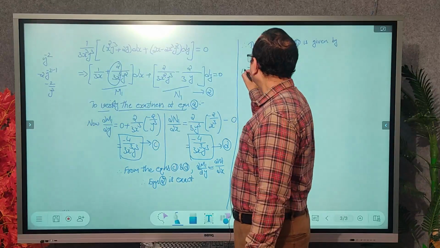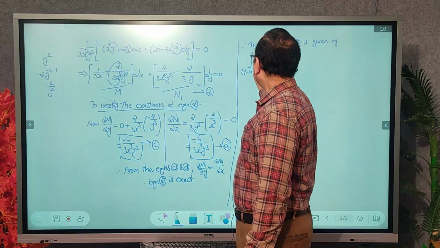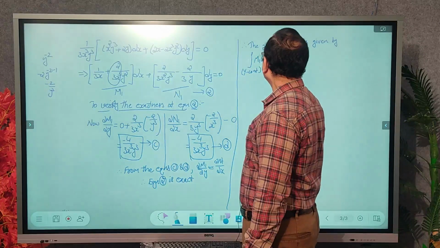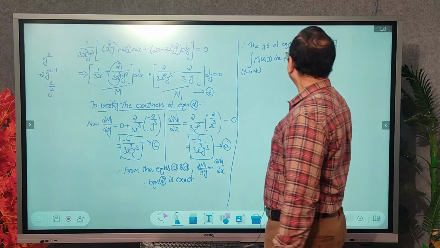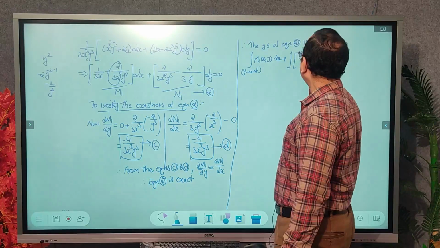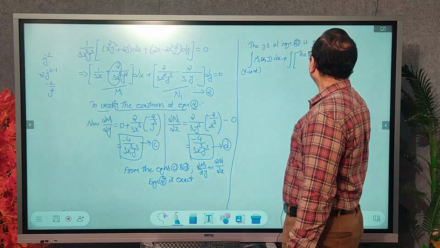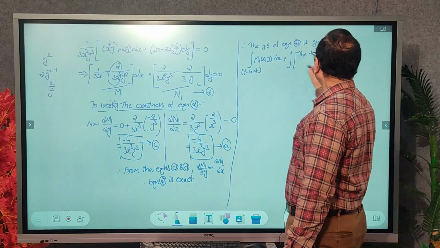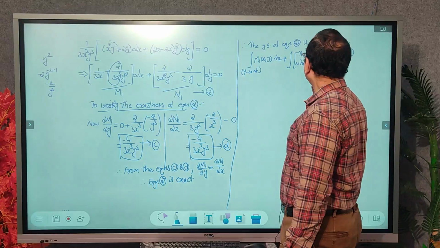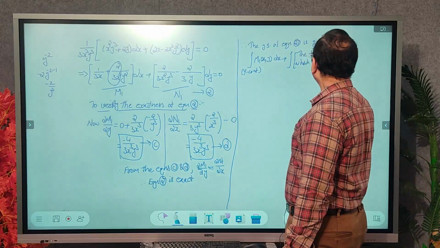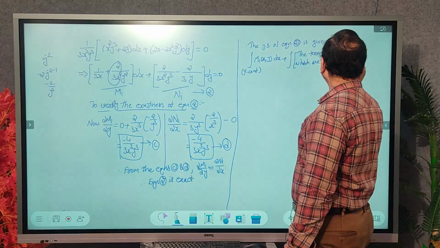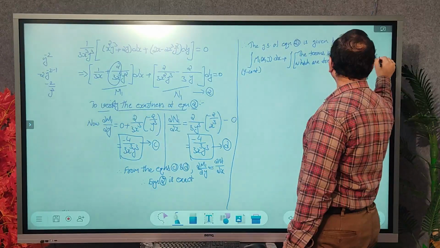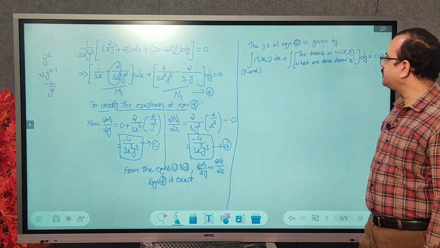You know the formula: integral of M1 dx, treating y as a constant, plus integral of the terms in N1 which are free from x, whole into dy, is equal to c, where c is an arbitrary constant.